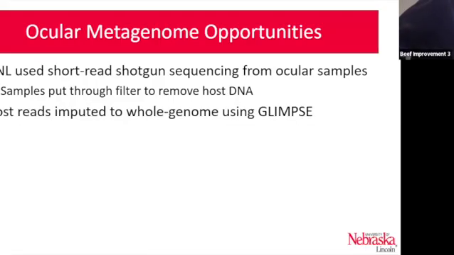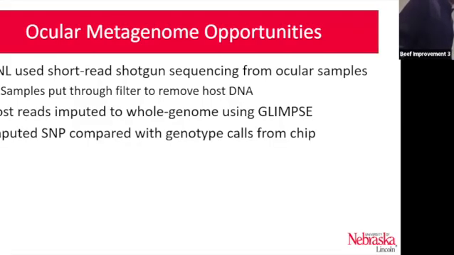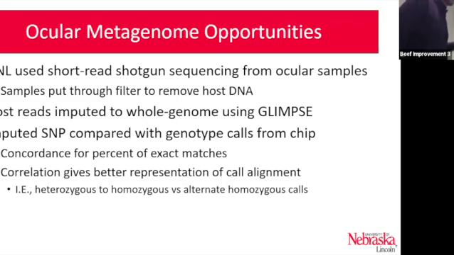So we took those host reads and we imputed them to whole genome using Glimpse software. And we compared those imputed SNPs with genotype calls from our commercial SNP chip. We have two measurements. We have concordance, which is the percent of exact matches, how many of those calls from the imputation and the chip matched exactly.